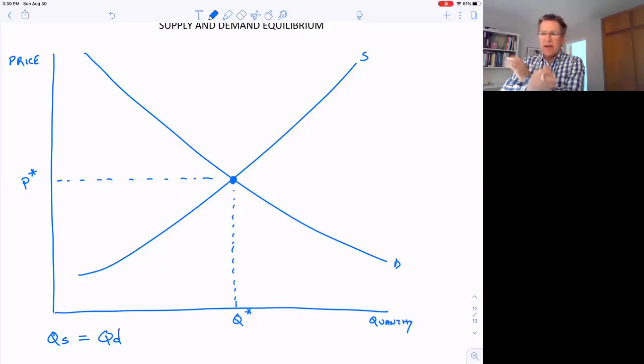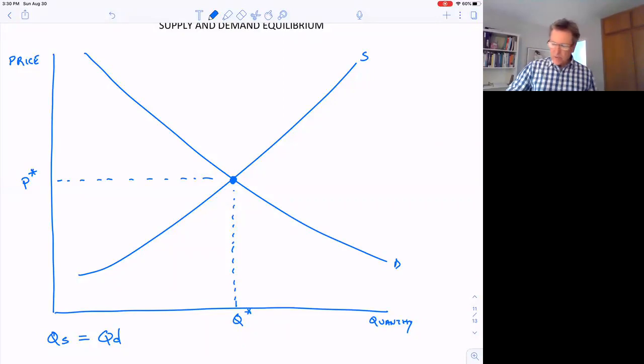Now, if the curves never intersect each other, then we're just not going to have a market for that good or service. But if they intersect each other, then we should be able to have some sort of market and an equilibrium price and an equilibrium quantity. At this price and quantity, there's no pressure for anything to change, which is why it's called an equilibrium.